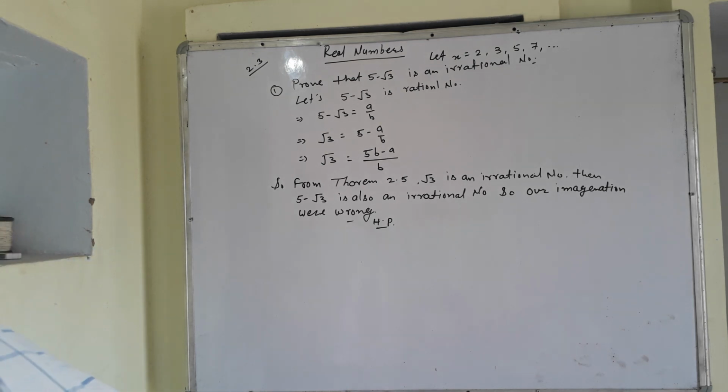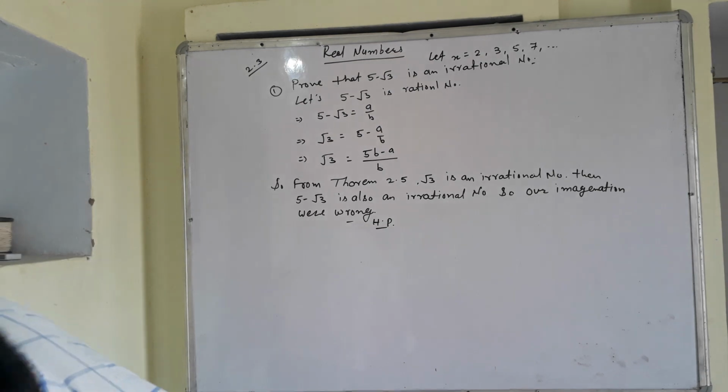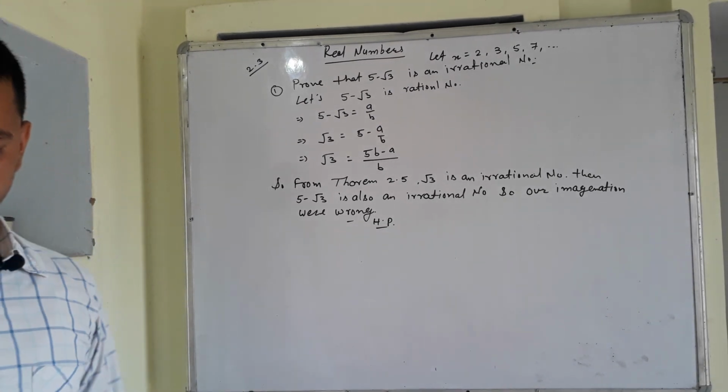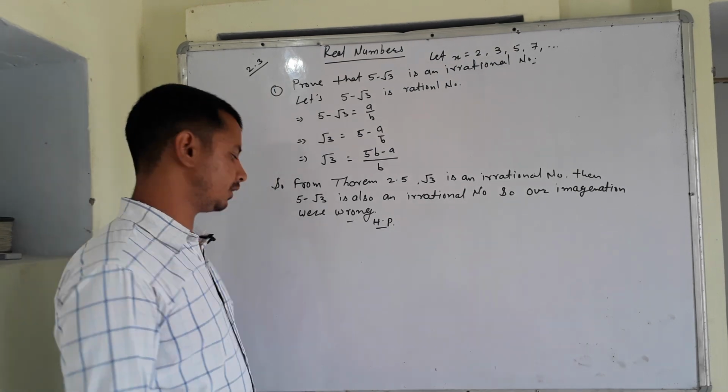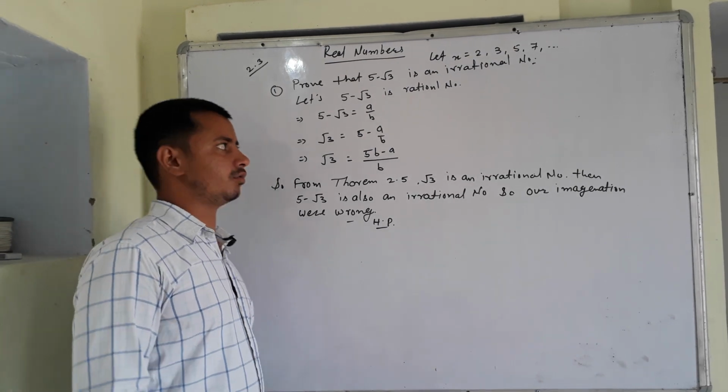Our next question is second. Prove that the following numbers are irrational numbers, and the first is 1 upon square root of 2.